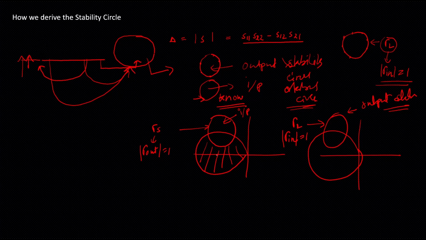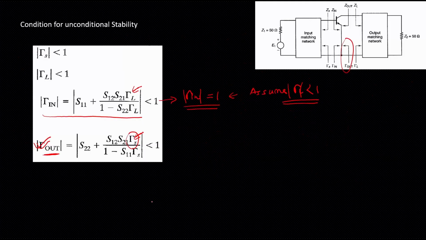So for that, what we can do, you just see one thing. In our equation of gamma out, let us go back. What have we assumed? We have assumed that our gamma S is already less than 1, because we will select our gamma S which should be less than 1.